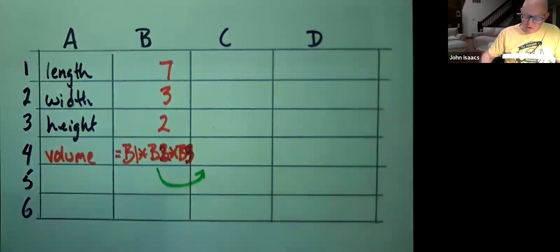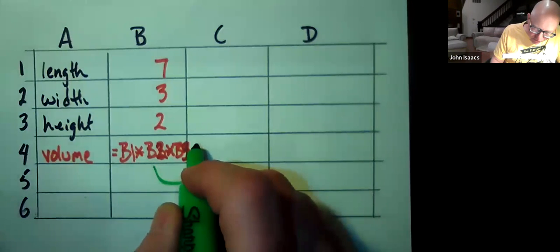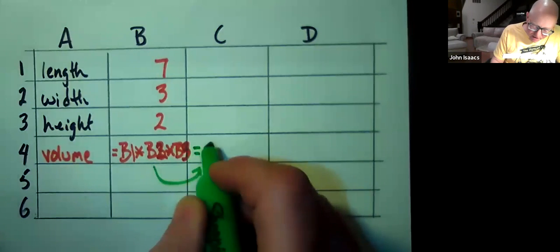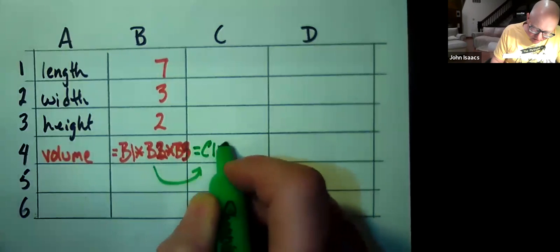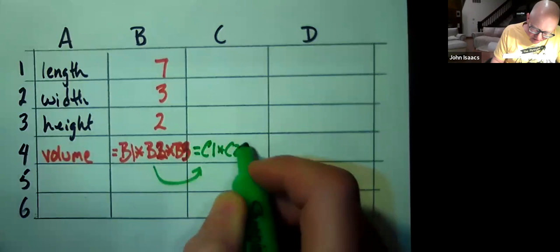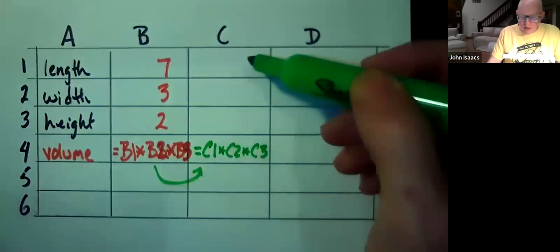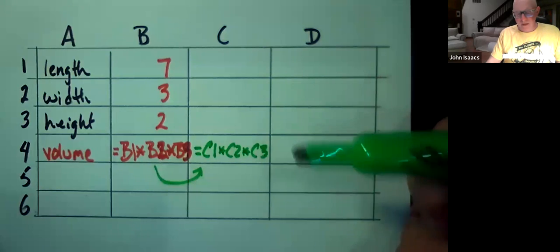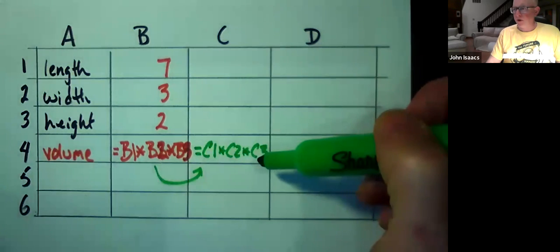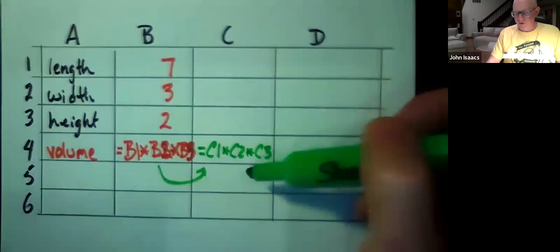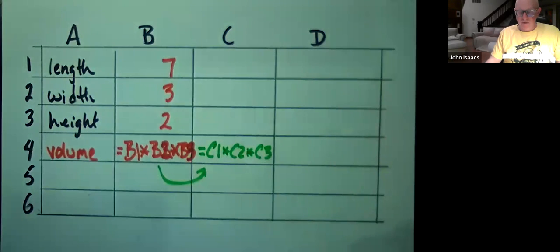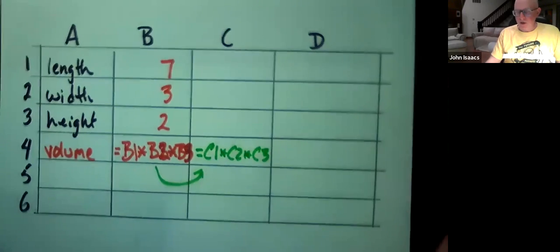It's going to give you C1 times C2 times C3, because copying is relative to its position. So this cell is going to say C1 times C2 times C3. And it's going to want to multiply these three cells. And it would just say 0 for right now. And you could put in numbers and it would populate them. So it does equations really well.